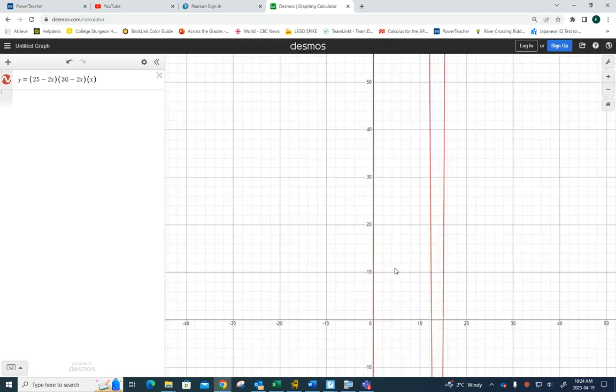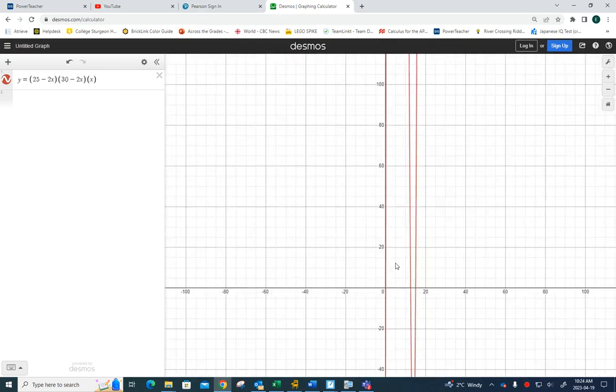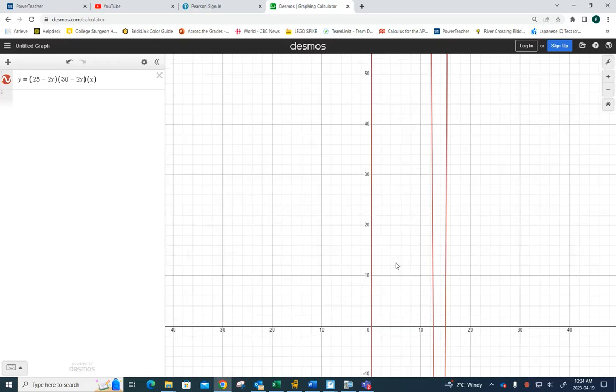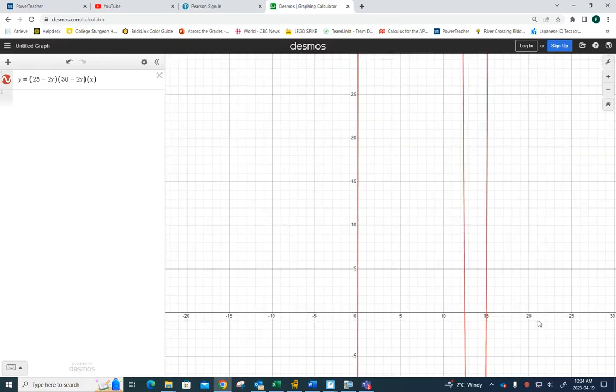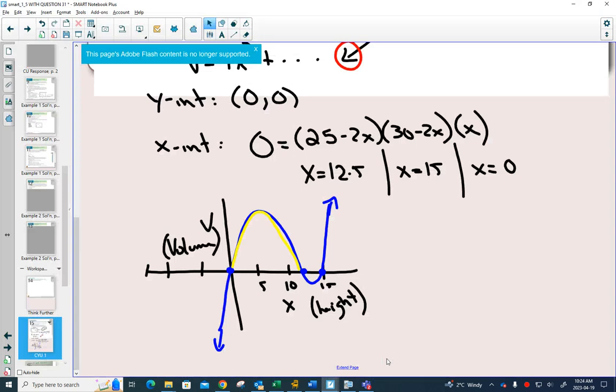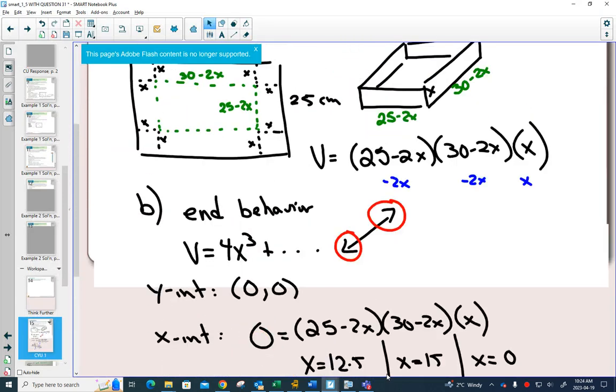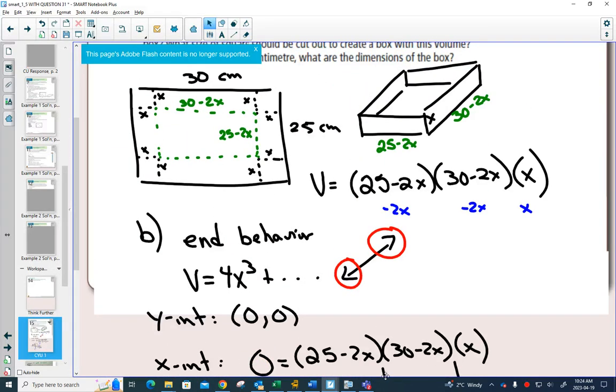But if I zoom out this way, with just using my scroll button, it's zooming out of both my x's and my y's, where in reality, I want to see higher with my y values. So I'm going to use the tool button, but before I use the tool button, I'm going to go back to my question and just do an example.